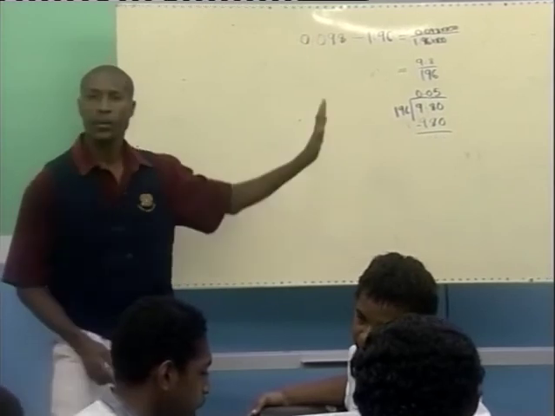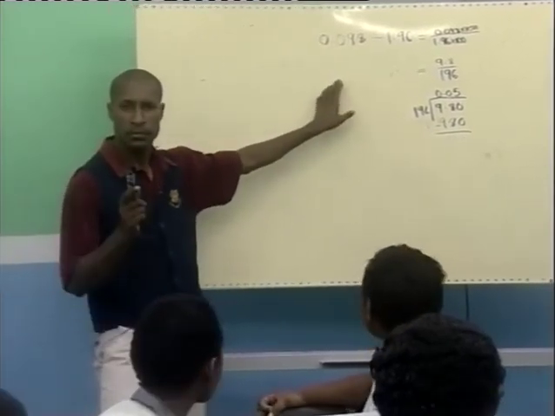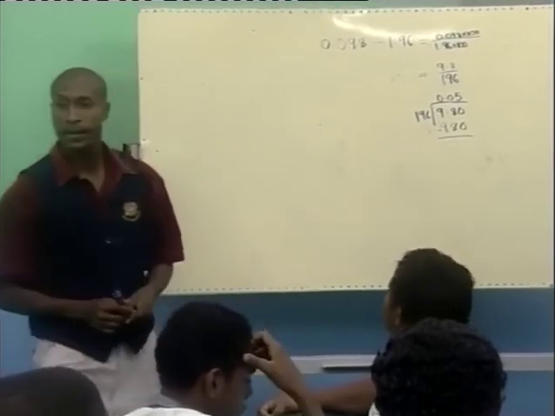Now, let us identify which is the dividend and the divisor. Yes, Eddie? 1.96 is the dividend and 0.098 is the divisor. Very good.